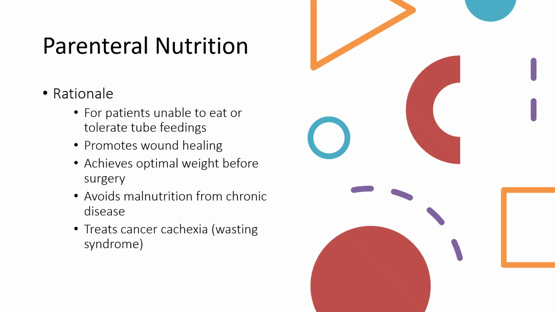So this slide focuses on why we use parenteral nutrition, what the clinical reasons are for bypassing the GI tract, and giving nutrition directly into the bloodstream. So PN is mostly indicated for patients who cannot meet their nutritional needs orally or through a tube feeding, and the primary indication for parenteral nutrition is when the GI tract cannot be used.